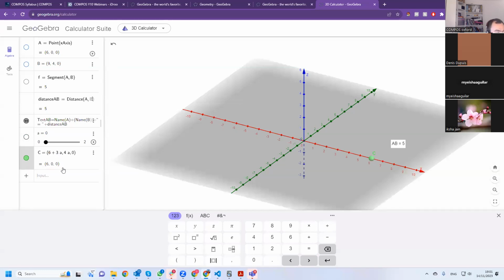Let's start with x from point 2 plus 2 multiplied by sine a divided by 5, and then y is going to be 2 multiplied by sine a divided by 5, and z is going to be a multiplied by 2. Let's see what happens now.